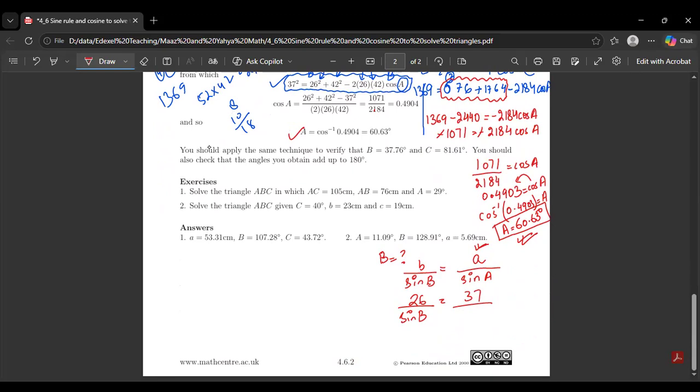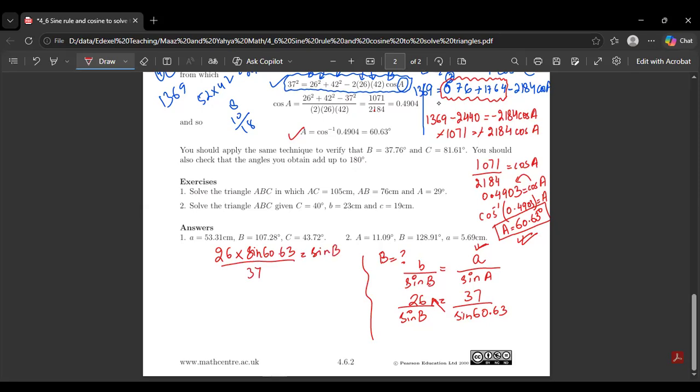Yeah, I'll send it. Sine A, that's sine 60.63, right? Now, can we make sine B the subject? Yes, we can. Now we write it in this form: 26 times sine 60.63 divided by 37 equals sine of B, right?